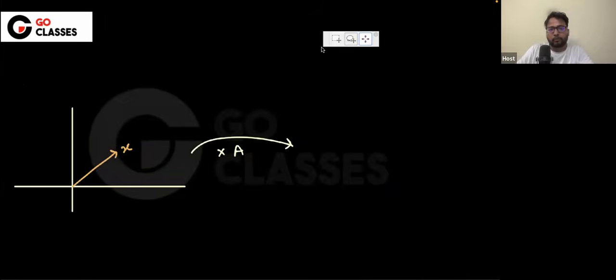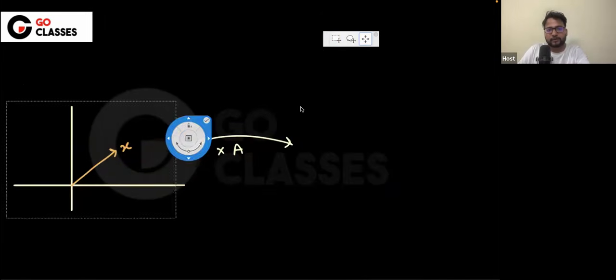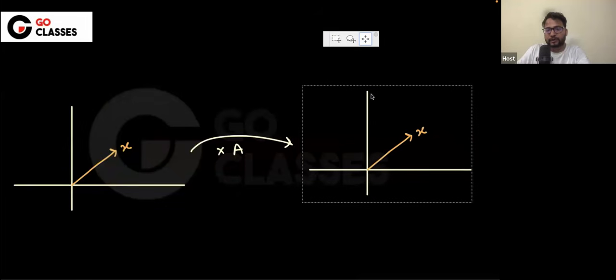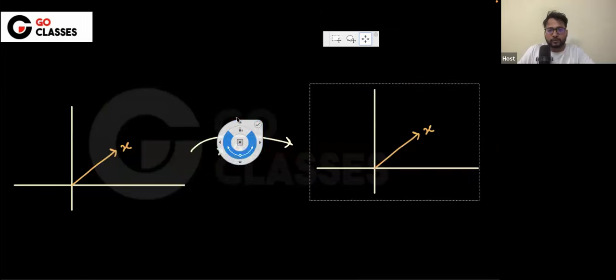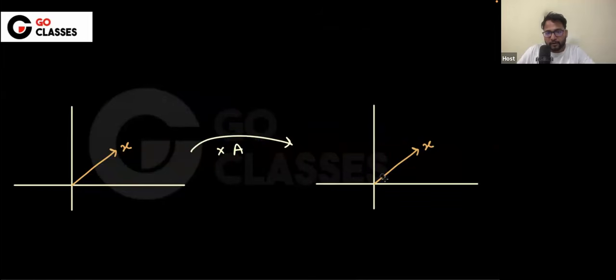Do you remember what this matrix A will do to this vector x? This matrix might rotate and might stretch this x. So your Ax will be looking like this, or might be looking like this. Basically, this matrix will rotate it, and it might also shrink or stretch this vector. So this is what a matrix does to a vector.